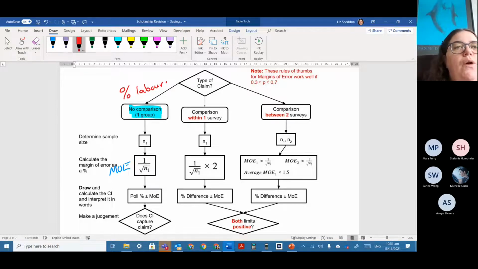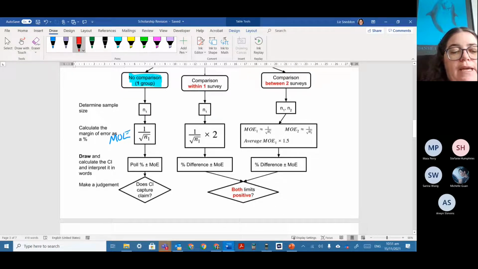In the latest survey, it said that it was 45%. Well, let's make a confidence interval with that. And so I might get a confidence interval that comes out as 45% plus or minus the margin of error of, say, 3%. So that means my confidence interval goes from 42% up to 48%.